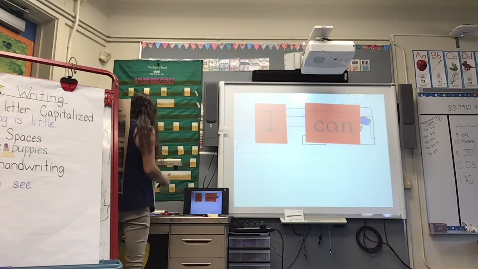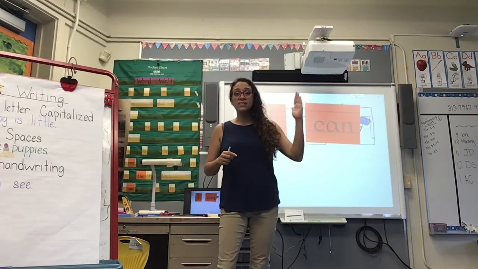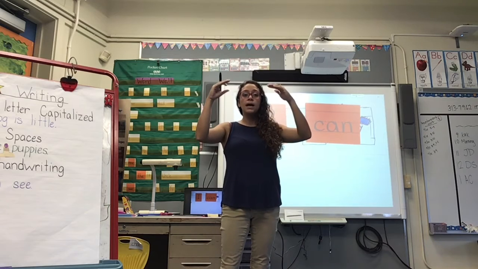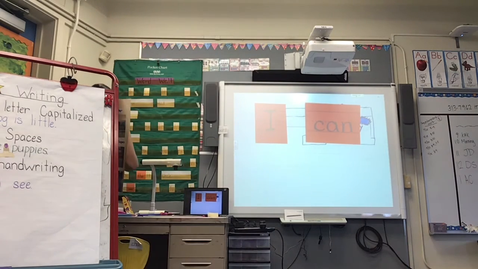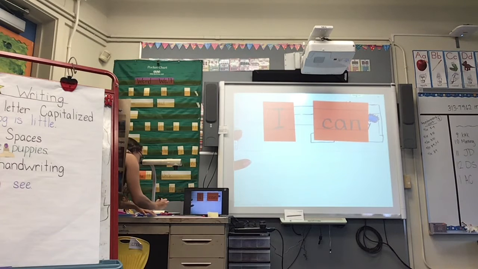Next, I'm going to copy. When we write, we start at the very left, not in the middle of our paper, but the top line and at the very left. So here's the far left of my writing. Whoops. Right here. And so that's where I'm going to start to write, right here on the lines.